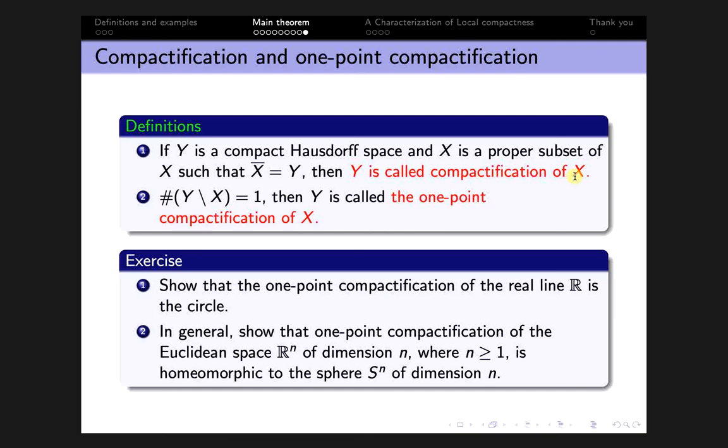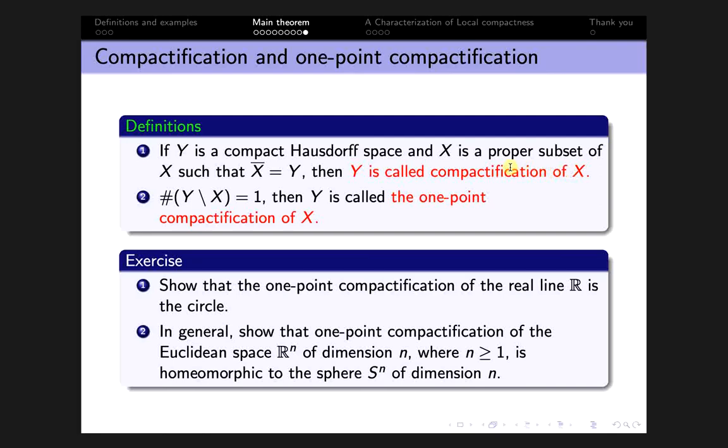On Y we have the subspace topology of the Euclidean topology, and X is a subspace of Y. Then one can see that the closure of X equals Y, and Y is compact Hausdorff.